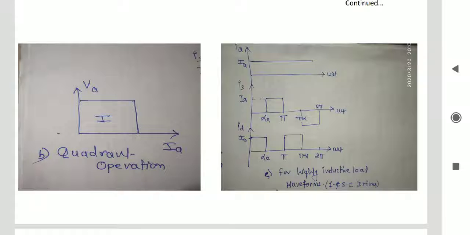From alpha A to pi, the supply current is positive and has magnitude equal to IA. From pi to pi plus alpha, we have zero supply current. Similarly, from pi plus alpha to 2 pi, we have the negative supply current.